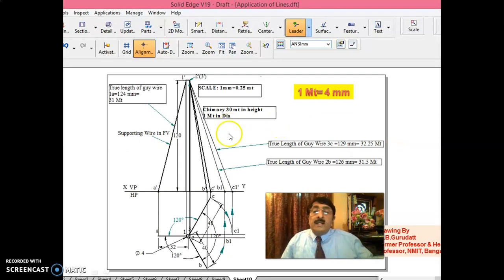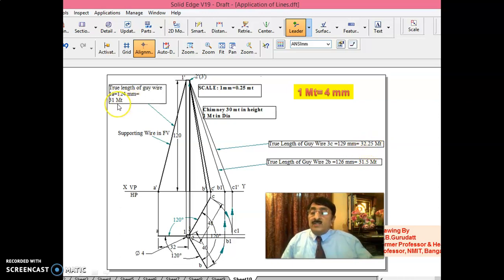Now in the exam, don't put it in meters, that is millimeter only. Since you have taken the scale 1 mm is 0.25 meter, or 1 meter is 4 mm, compulsorily change the answer. You measure it in millimeters and multiply by 0.25, you get 31 meters. Measure it in millimeters and multiply by 0.25, you get 31.5 meters. Measure 129 for the other wire, multiply by 0.25, you get 32.25 meters.